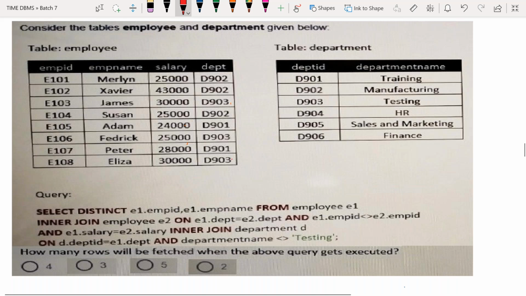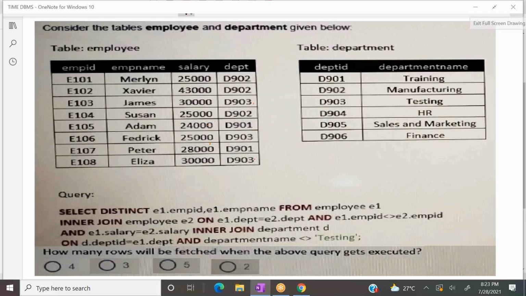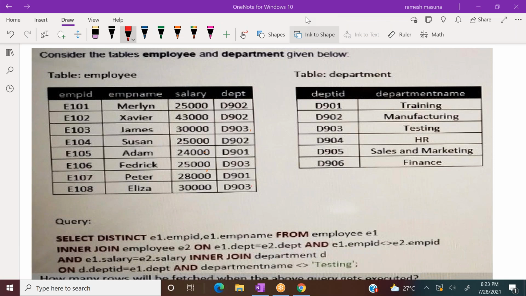Any answers? Two, Vamshi, two. Very good, Vamshi.